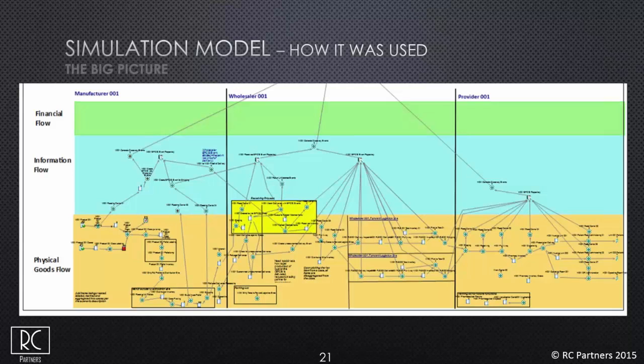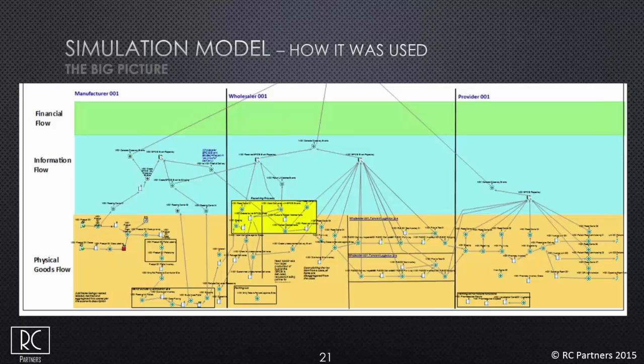So the simulation also does the check between the data that's coming in the blue band and the product that's coming in the brown band. And what's nice about this is that we're able to alter timing, because there are scenarios where product actually shows up before the information shows up.